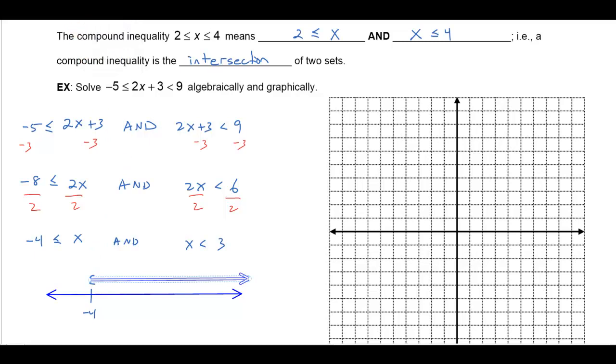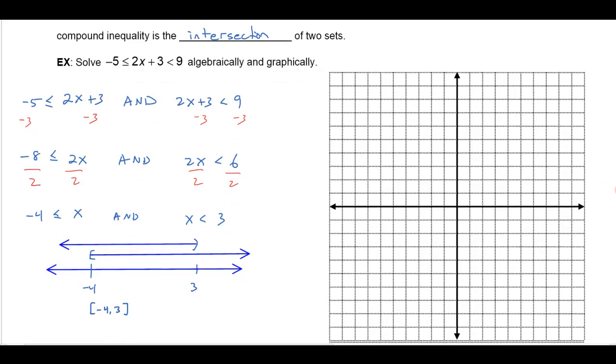And at the same time, x has to be less than 3. So here's my 3, and I want the x's less than that. So that would be these values. And I want the intersection of those, right? It has to be greater than or equal to negative 4 and less than 3. So the intersection is going to be this interval between negative 4 and 3.